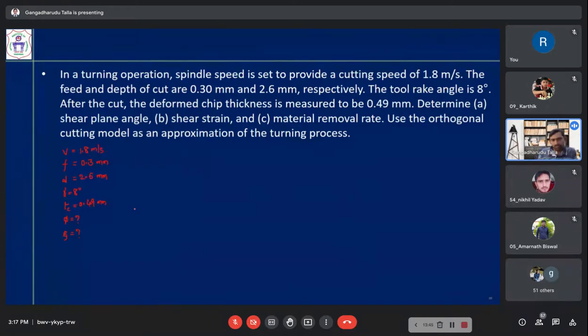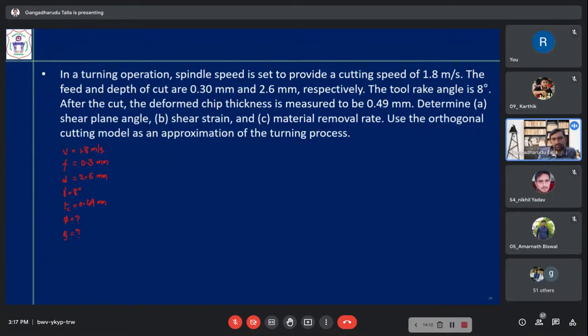So, you have to use the same process. What is the formula for zeta? Cot phi plus tan of phi minus gamma. So in the previous slide, we know phi, we know gamma also. So using that, you can find zeta.